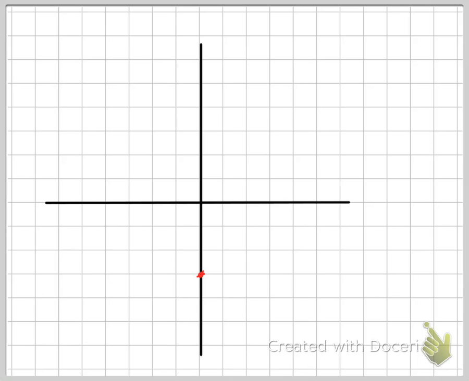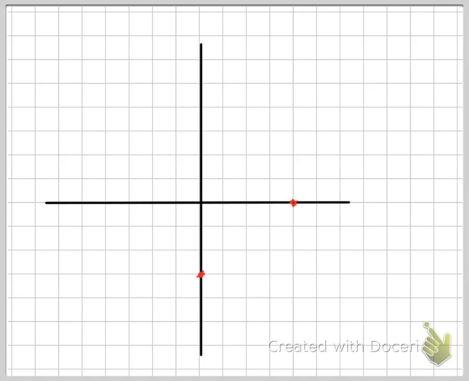Our slope is directions. It's telling us from our first point, our y-intercept, we're going to rise 3 and run 4. And it's positive, so I'm going to be going up and to the right. So rise 3, 1, 2, 3, run 4, 1, 2, 3, 4. That's the second point that's on our line.